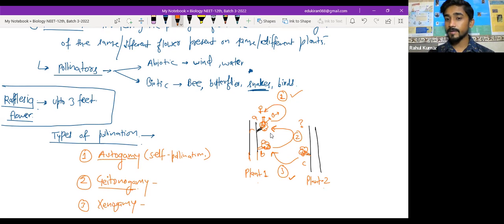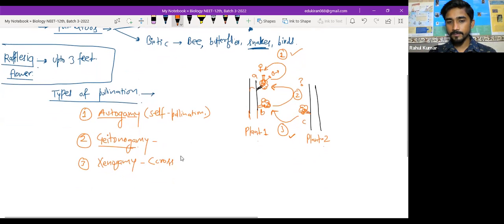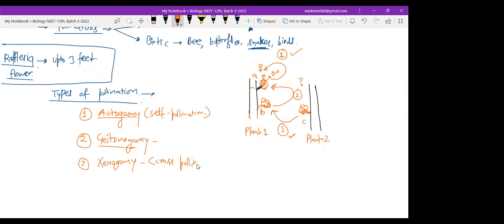But since scenarios 1 and 3 are very clearly self-pollination and cross-pollination, we study this in-between scenario as Geitonogamy, just to make the difference. Is it understandable to you, Fatima? Yes, sir.